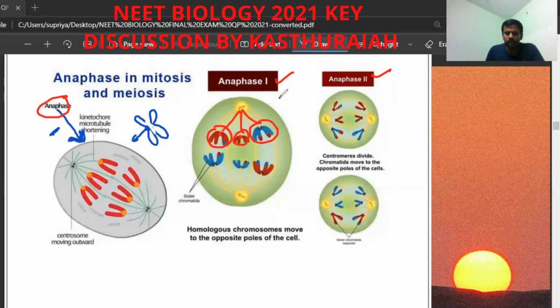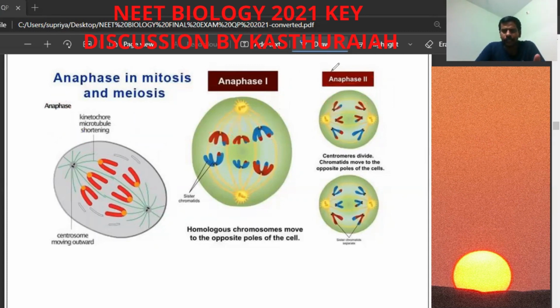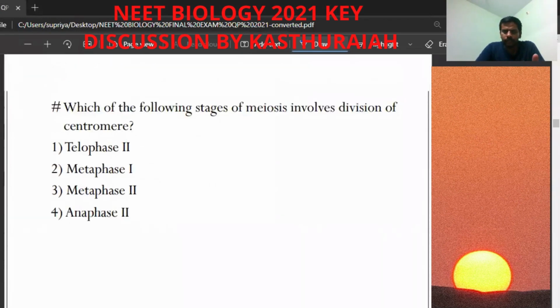In anaphase 1, there is no centromere division. In anaphase 2, the centromere is getting divided, and the two daughter chromosomes move to two different poles, right? So centromere division in meiosis takes place in anaphase 2, not in anaphase 1.